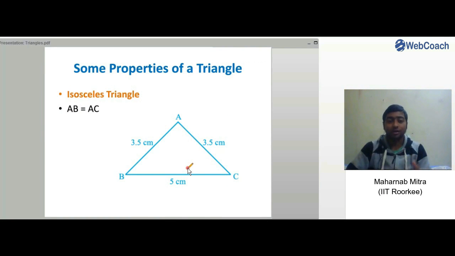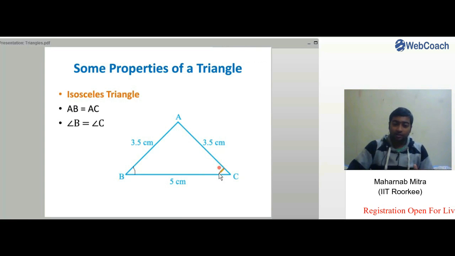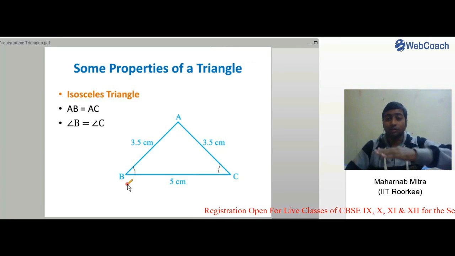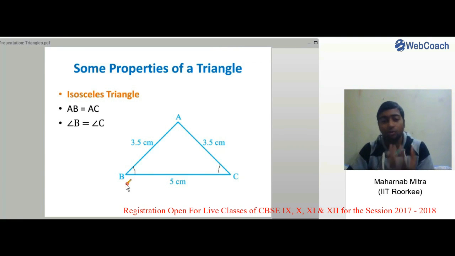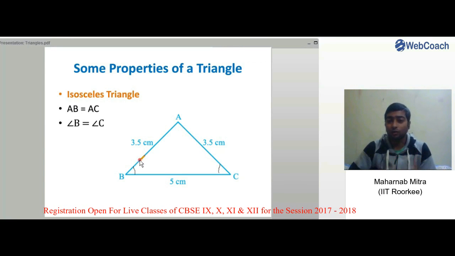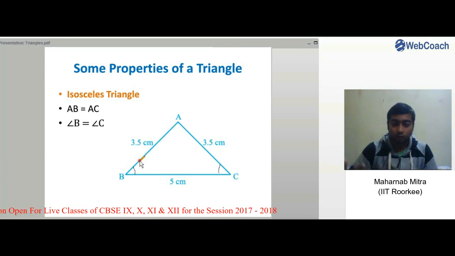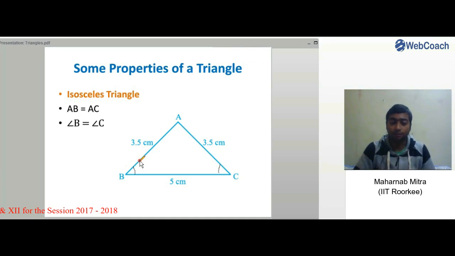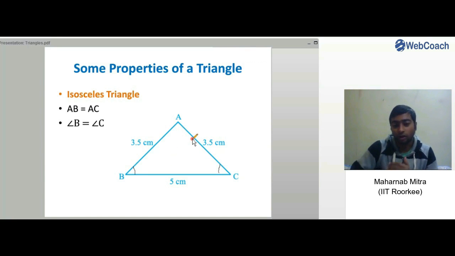So from the isosceles triangle, you can always say two sides are equal, AB equals AC, and also the two base angles B and C are equal, right? The angles on the base, which is of different length, are equal to each other. Or if you look at it in a different way, you can also say that the angles opposite to the equal sides are equal.